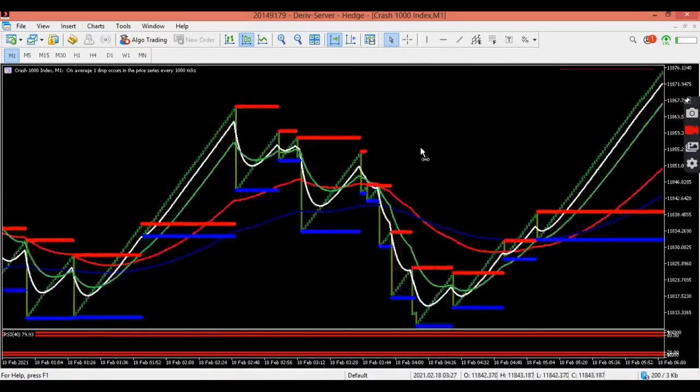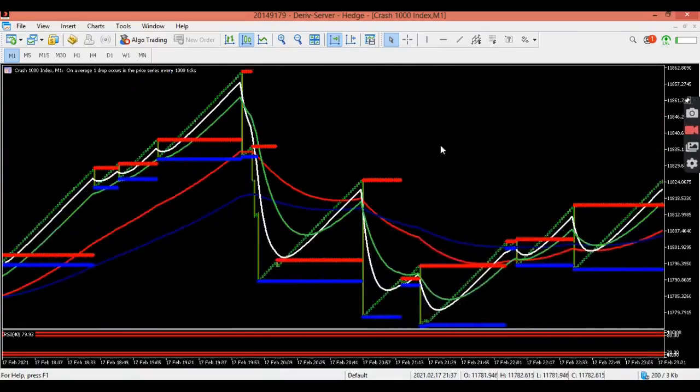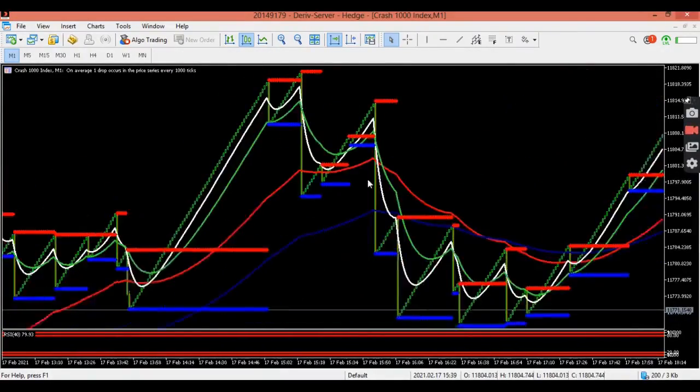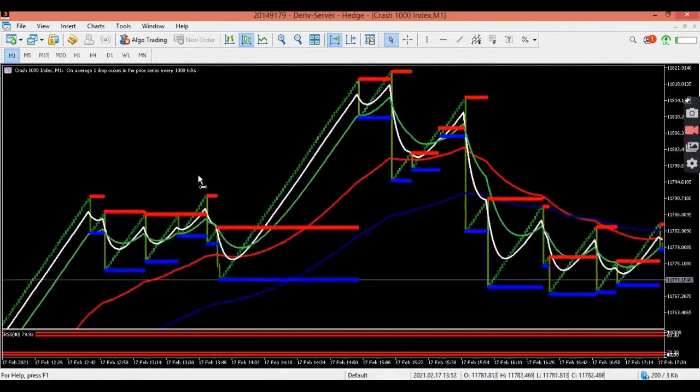Let me show you how to catch spikes with this strategy.